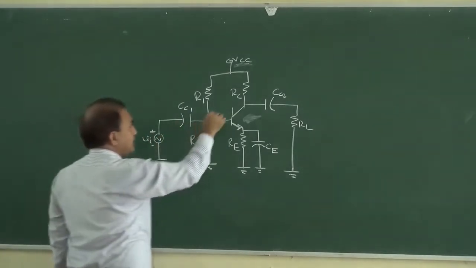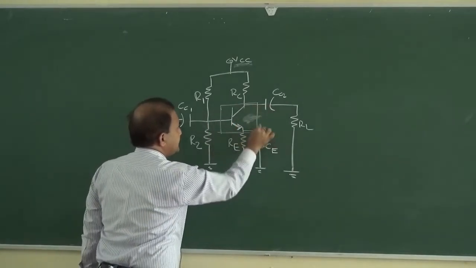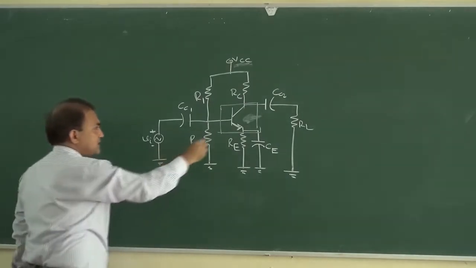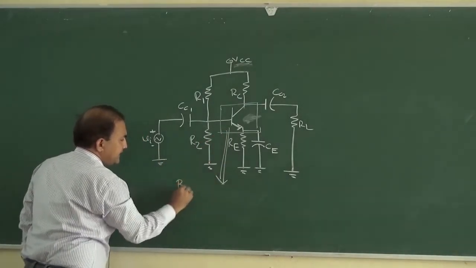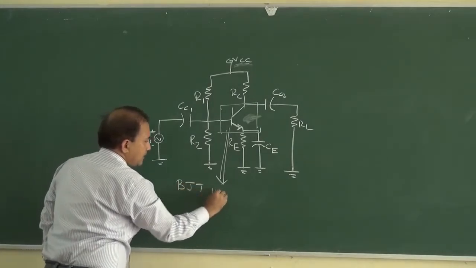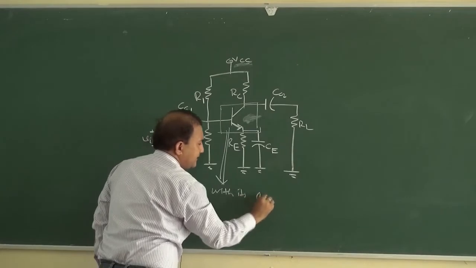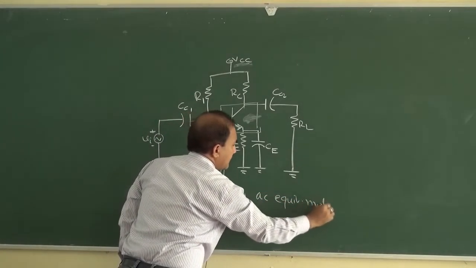But we also have to represent the BJT transistor with its AC equivalent model.